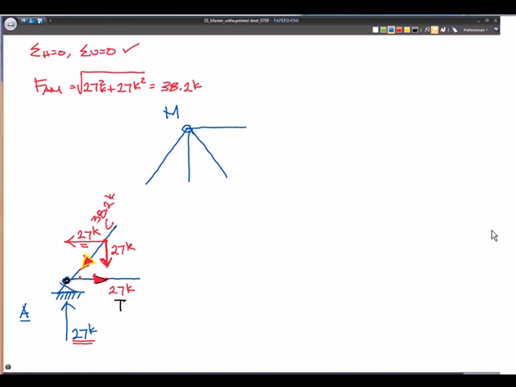They can't change from one end to the other. They have to be the same. The force doesn't change within the member. So we know that AM is in compression, so all we're going to do is draw these equal and opposite on the other side, because pushing on the joint represents compression. Now let's put our components on there. This would be 27 kips up, and this would be 27 kips to the right.